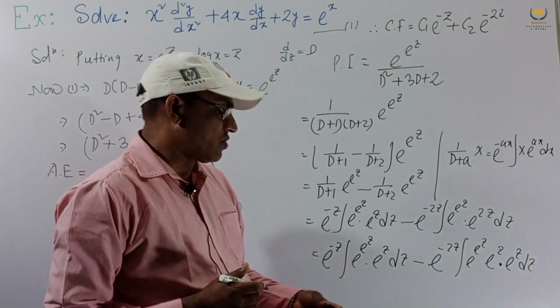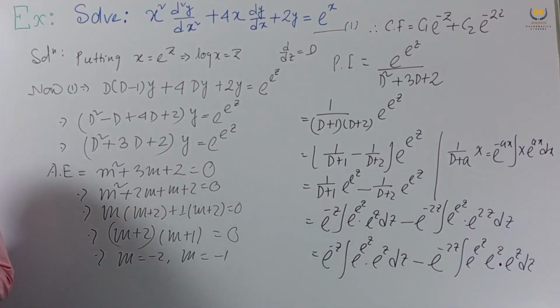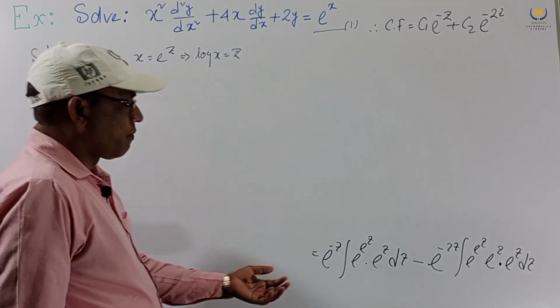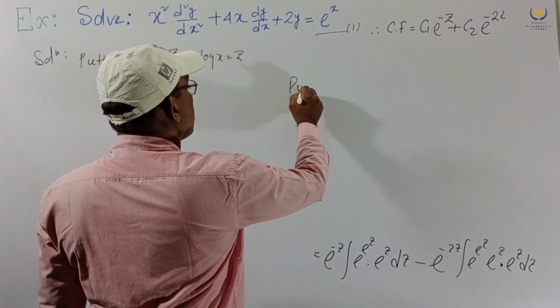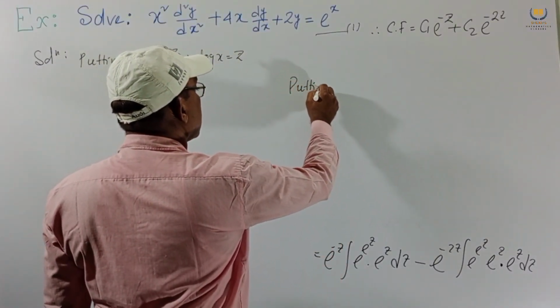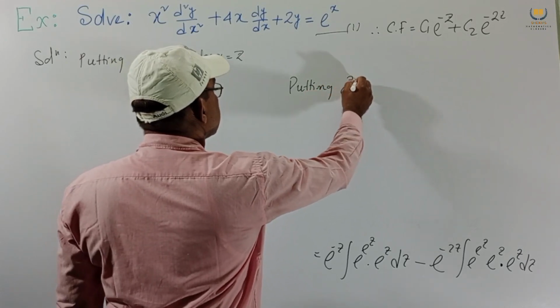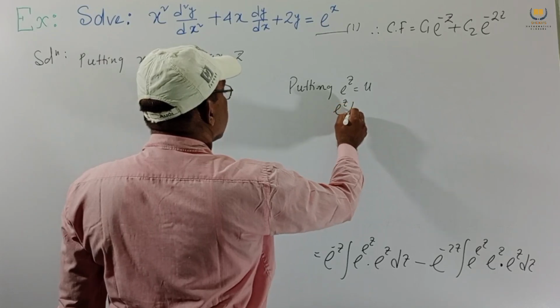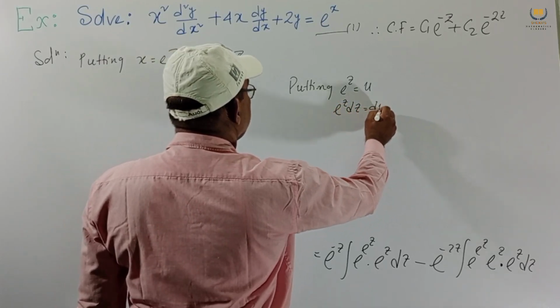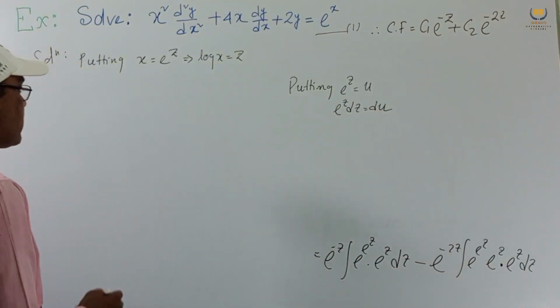Now we are using the substitution method. By substitution method, putting eᶻ = u, eᶻ dz = du. Now we interchange this.